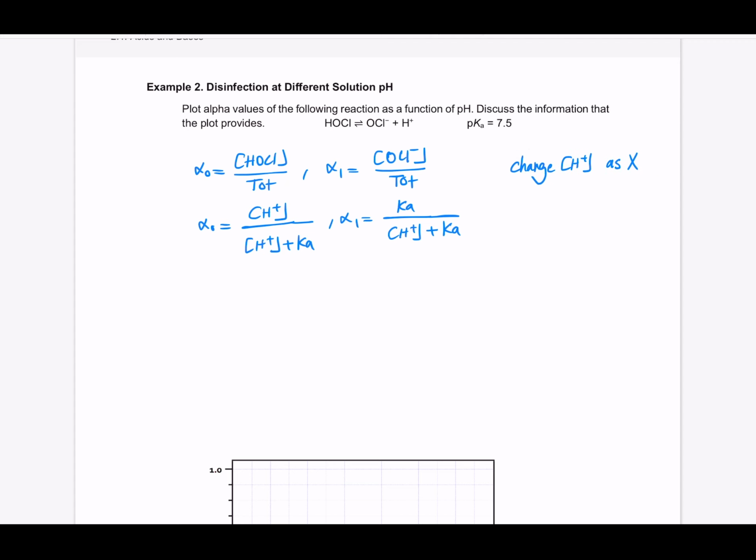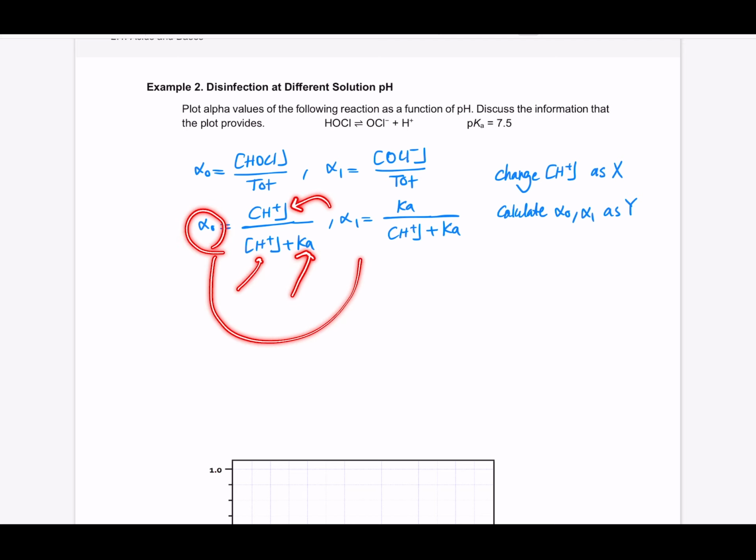For each H plus, we calculate alpha 0 and alpha 1 as the y-axis. We have all the expressions to do that. You give this a value, then the same here. You calculate this one, and also later this one. Straightforward.